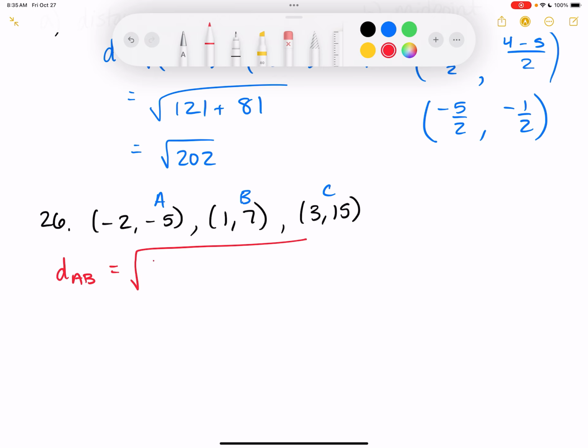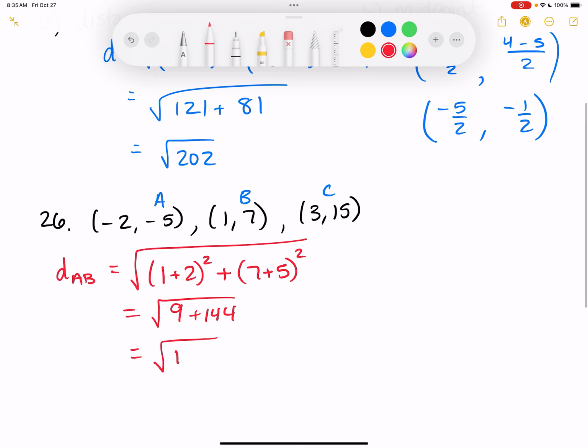So 1 minus a negative, so plus 2 squared, plus 7 minus negative, so plus 5 squared, so that ends up being the square root of 3 squared is 9, plus 12 squared is 144, and so this ends up being the square root of 153.